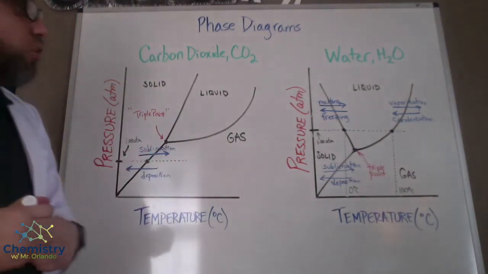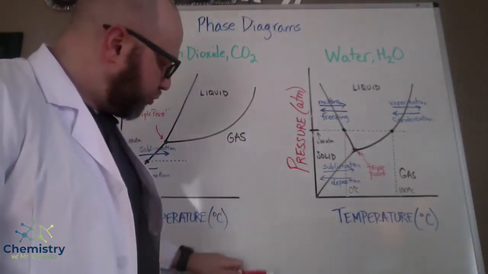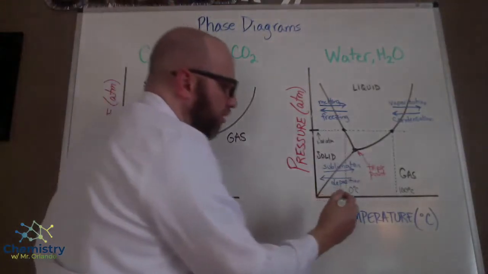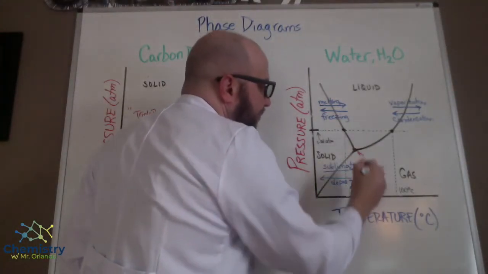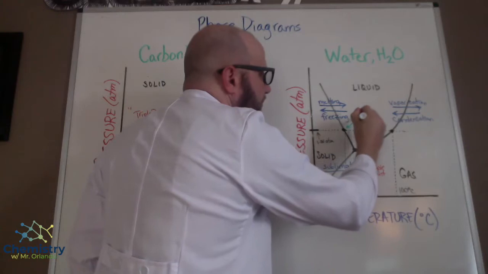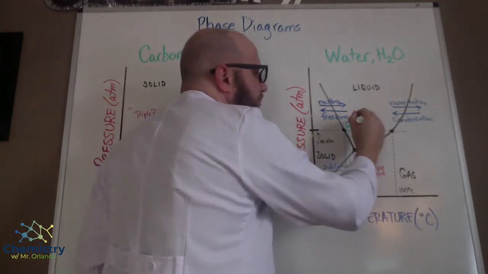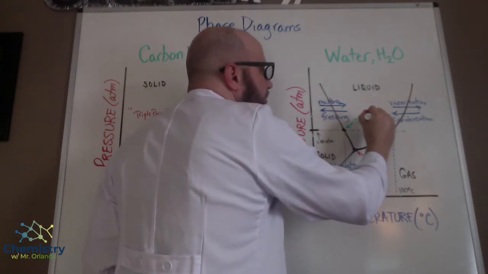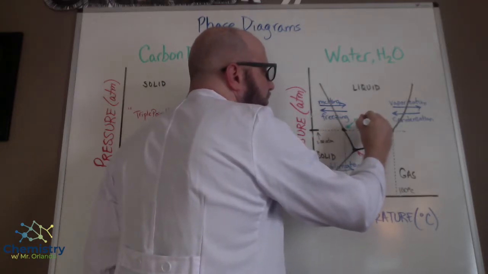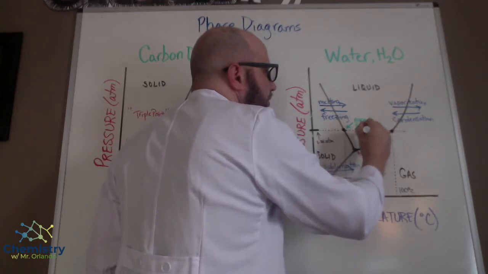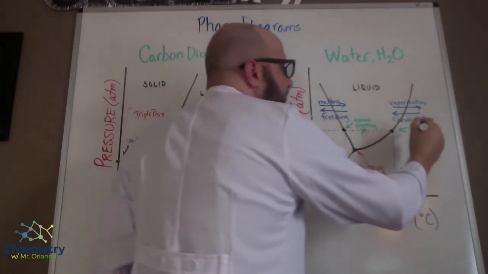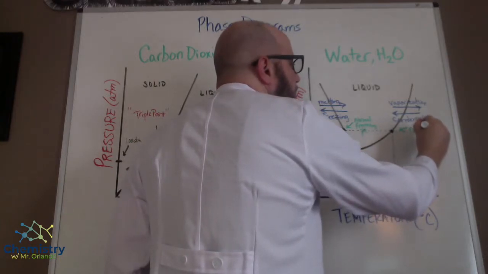Now, we know that the 2 lines that I dropped down over here have names. So this is called the freezing point. When it occurs at 1 atmosphere, it's called the normal freezing point. And when it occurs between liquid and gas, it's called the normal boiling point.